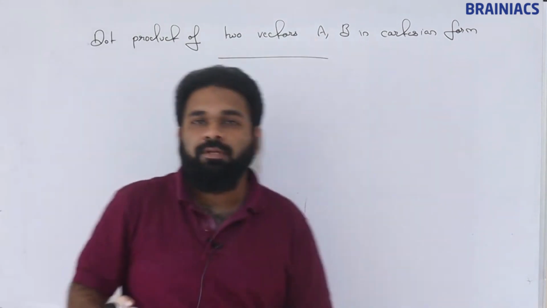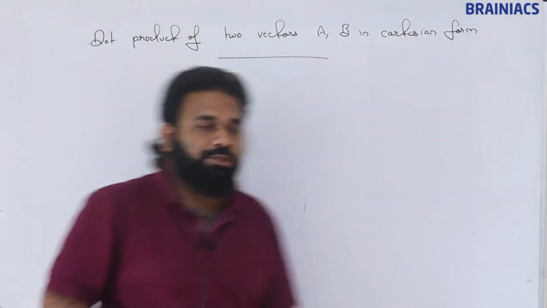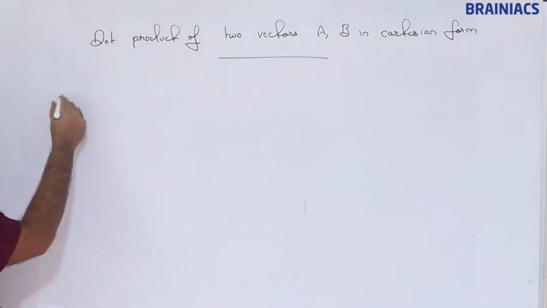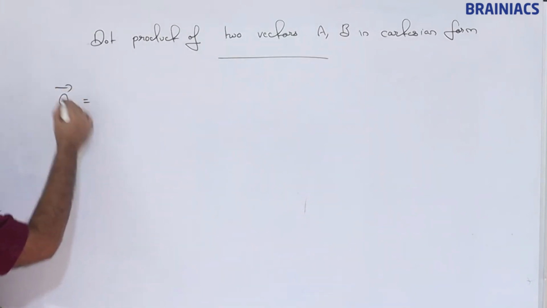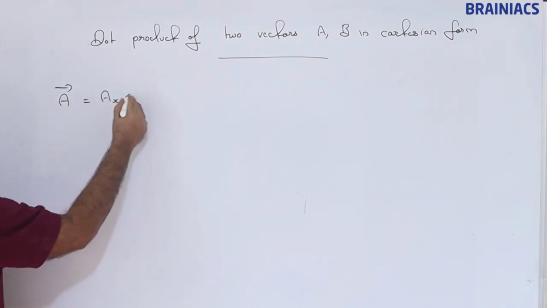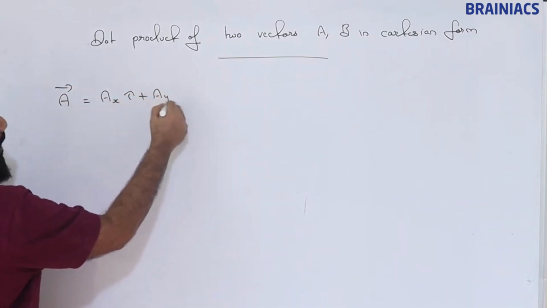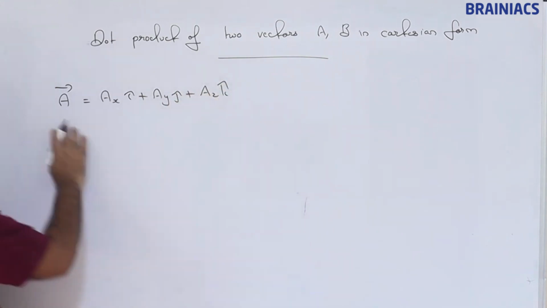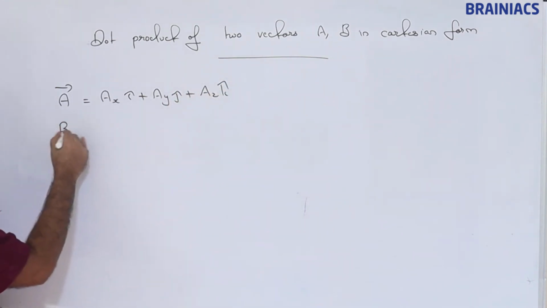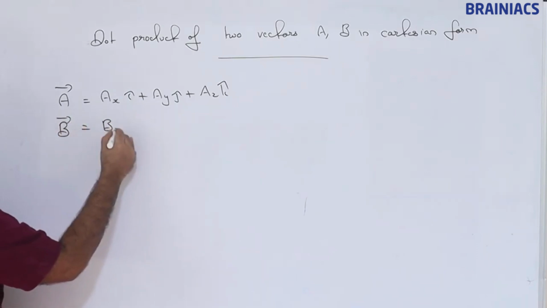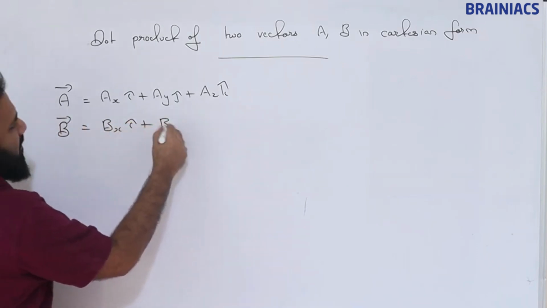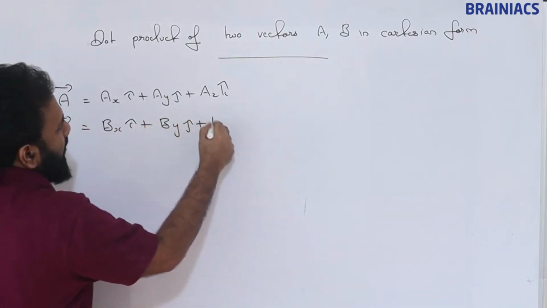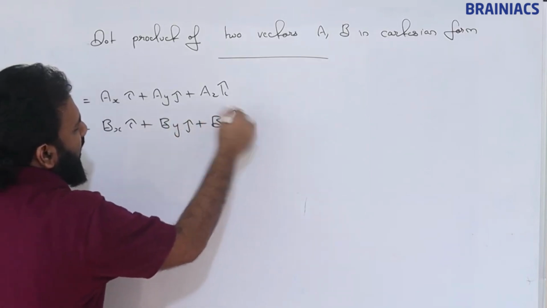Dot product of two vectors a comma b in Cartesian form. Cartesian form means what? I, j, k. Suppose vector a is axi plus ayj plus azk. This is vector a. Vector b is equal to bxi plus byj plus bzk.